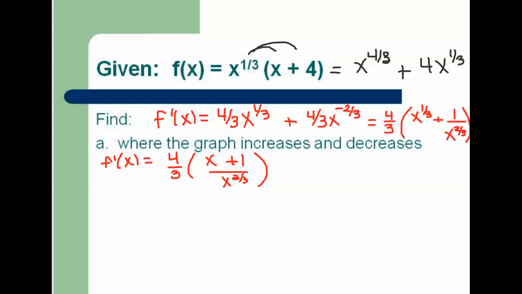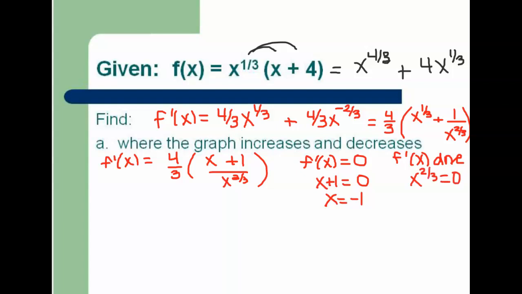And then I'm going to look for my zeros. So I have a 0 at the top when x plus 1 equals 0, which is at x equals negative 1. I have a 0 in my denominator when x to the 2/3 equals 0, or at x equals 0.